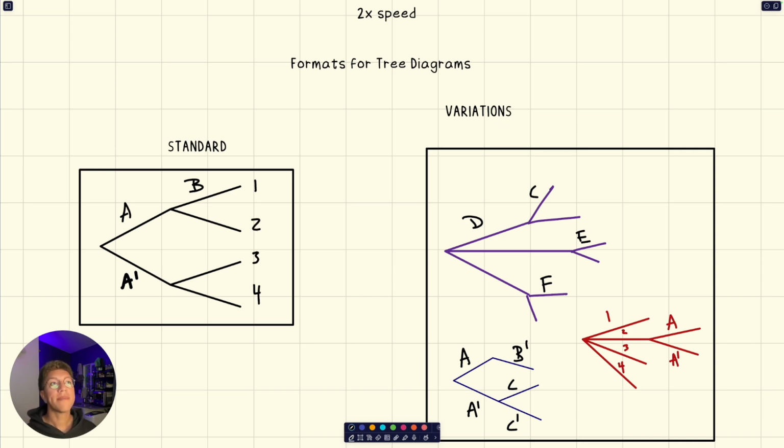This type of tree diagram is going to account for most of the problems that we solve, I don't know, 75% of them. And then we're going to see some variations, like we see over here. Once again, everything that we learned for the simple or standard case can be extended.